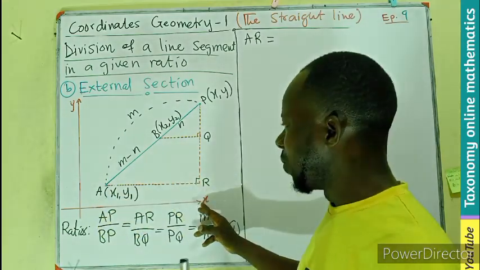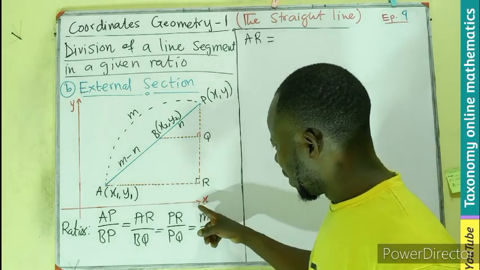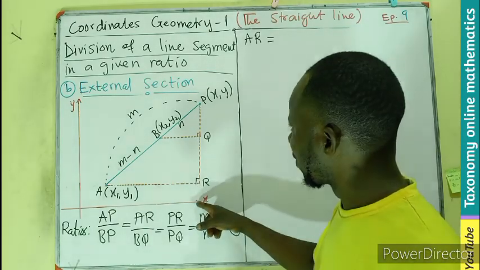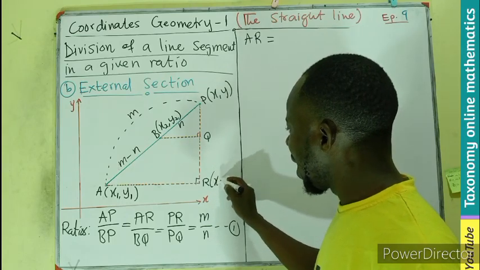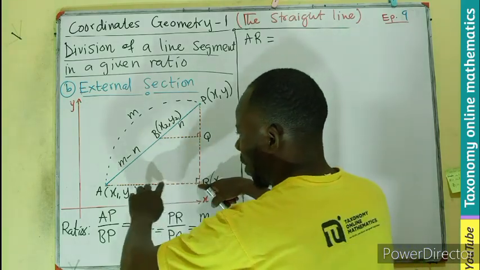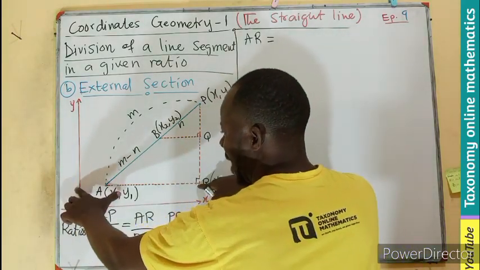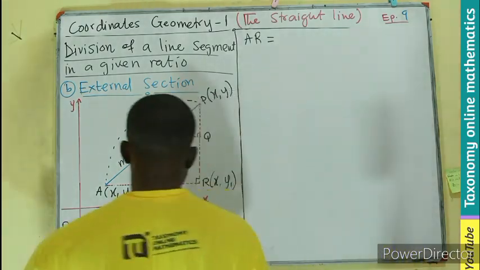So the highest value minus that. So let's see if we can pick the coordinate. This coordinate on the x-axis, what value on the x-axis do we have? We have that one to be x. This is the first one here. Then on the y-axis, what number will be there? y1.